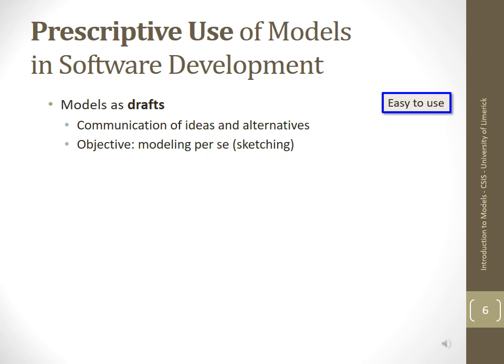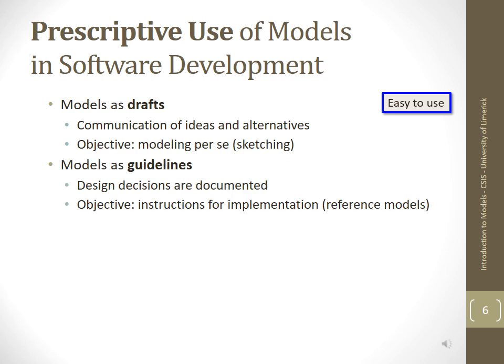But then you also use that once you've made an agreement as a guideline for the actual implementation step. So you would, for example, break a model further down into development specifications later. There the models need to be quite precise in order to be good guidelines for the implementation.